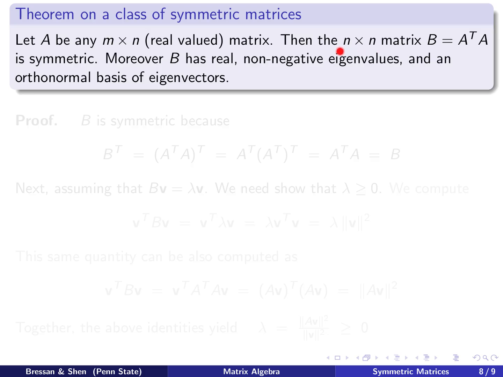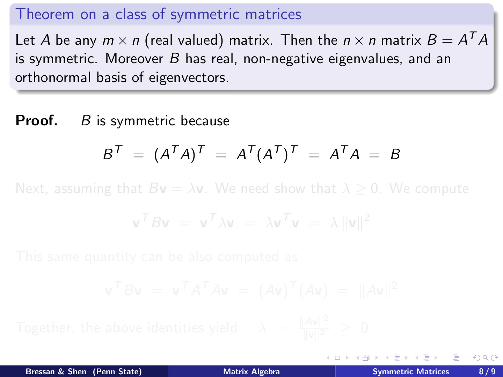Let's call it B. B is A transpose times A. Then we know that B transpose is B, so B is symmetric. And moreover, B would have real non-negative eigenvalues and an orthonormal basis of eigenvectors.